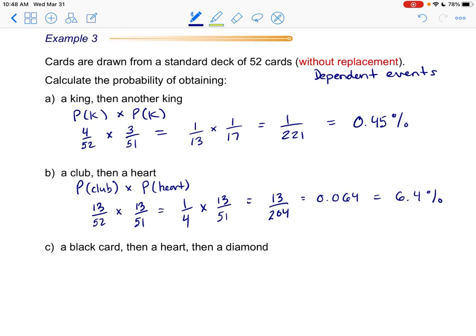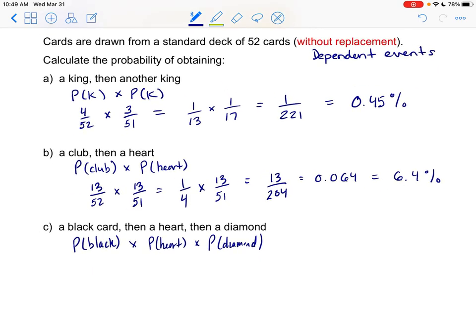Okay, what about a black card, then a heart, and then a diamond? So the probability of a black card times the probability of drawing a heart times the probability of drawing a diamond. Okay, so there are 26, or half of the deck, cards that are black.